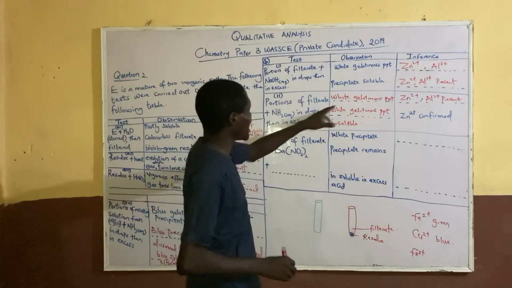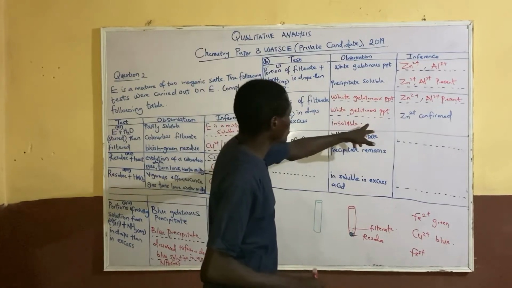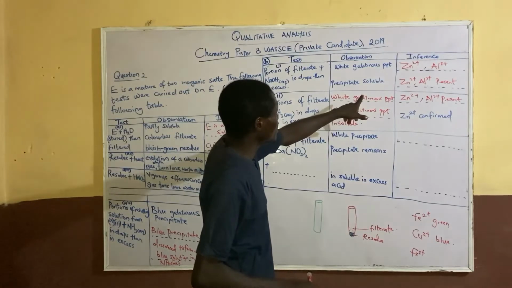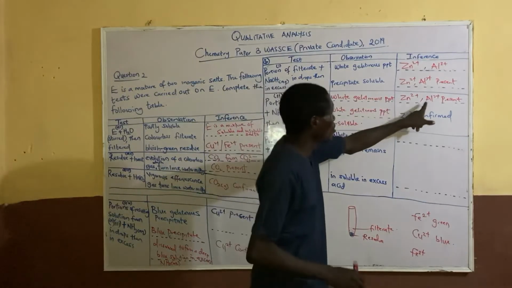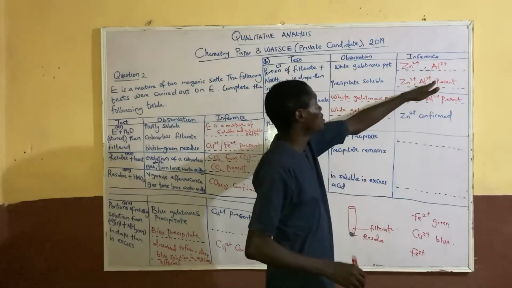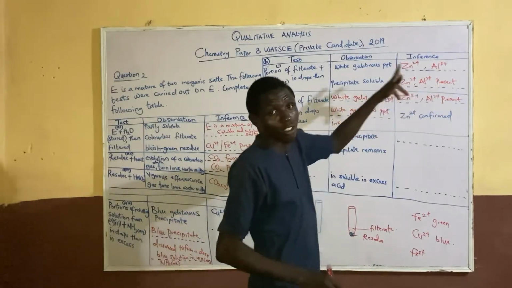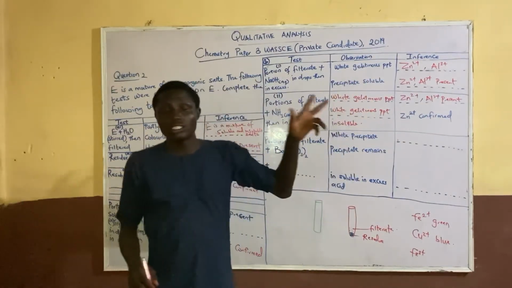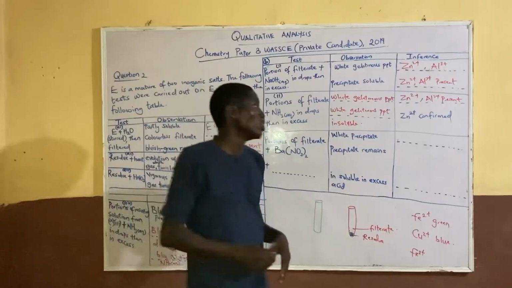The white gelatinous precipitates of zinc 2 plus and aluminium 3 plus are both soluble in aqueous sodium hydroxide, so don't miss it.